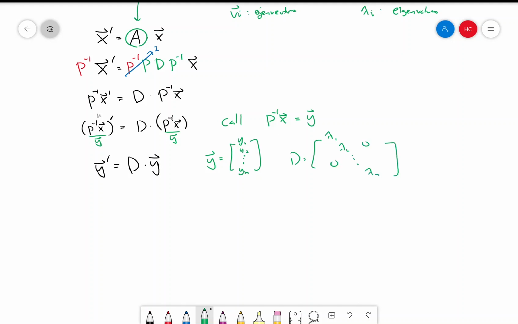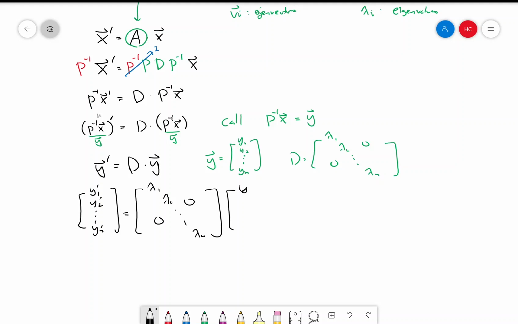Then the equation tells us y1 prime, y2 prime, yn prime equals D times y1, y2, yn. Doing the matrix multiplication, we get the vector lambda 1 y1, lambda 2 y2, all the way to lambda n yn.